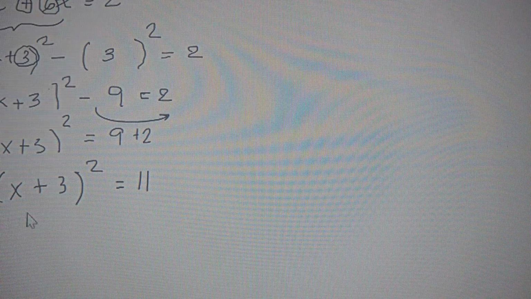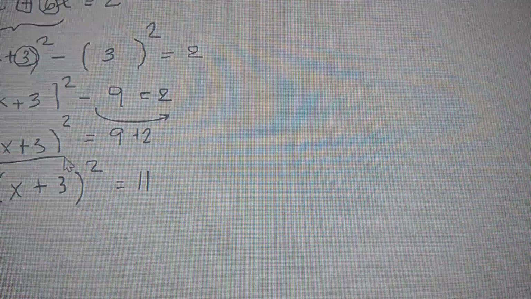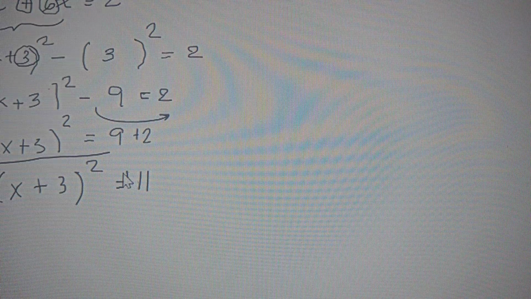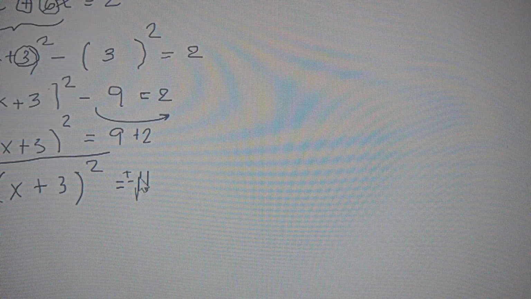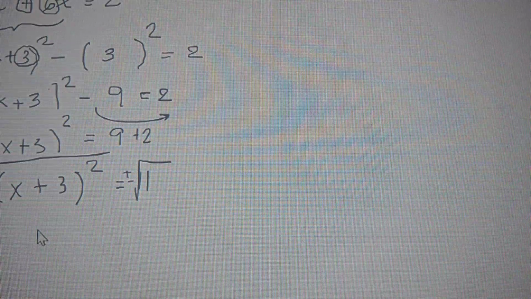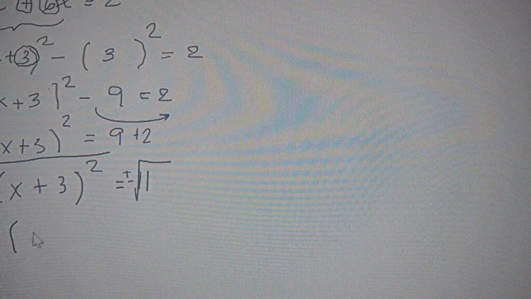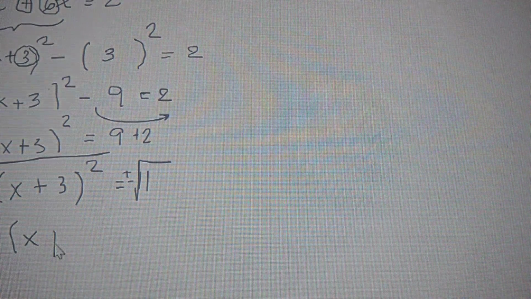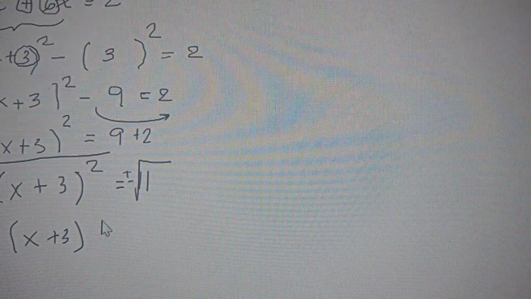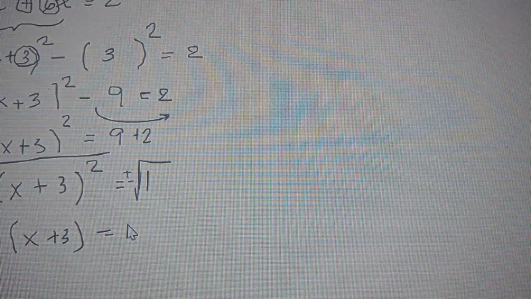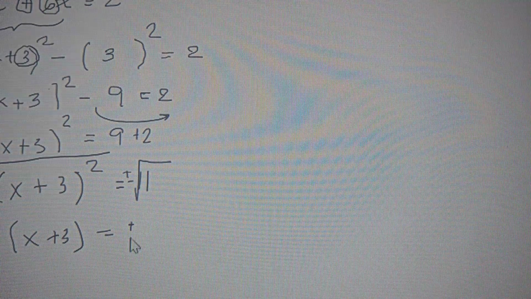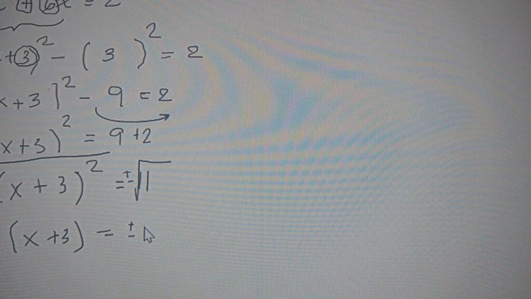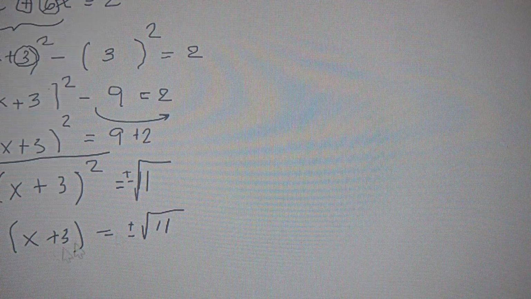Now, by taking the square root of both sides, don't forget, then we have that x plus 3 is equal to plus or minus the square root of 11.